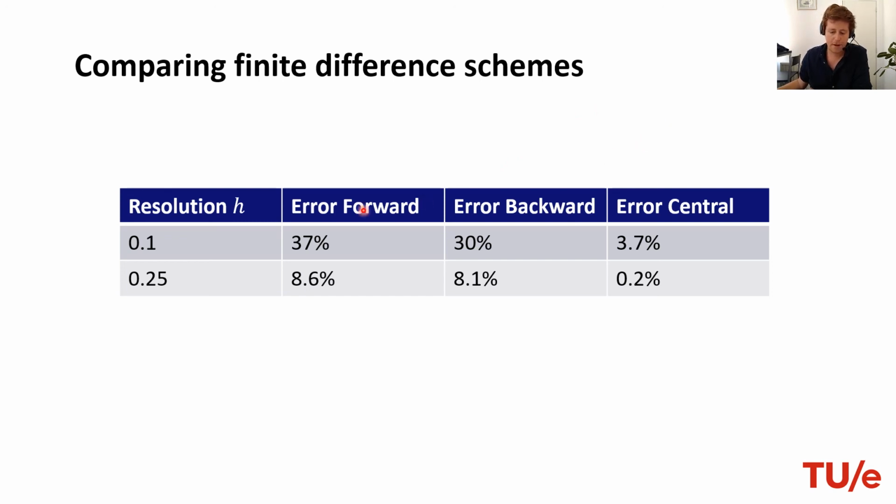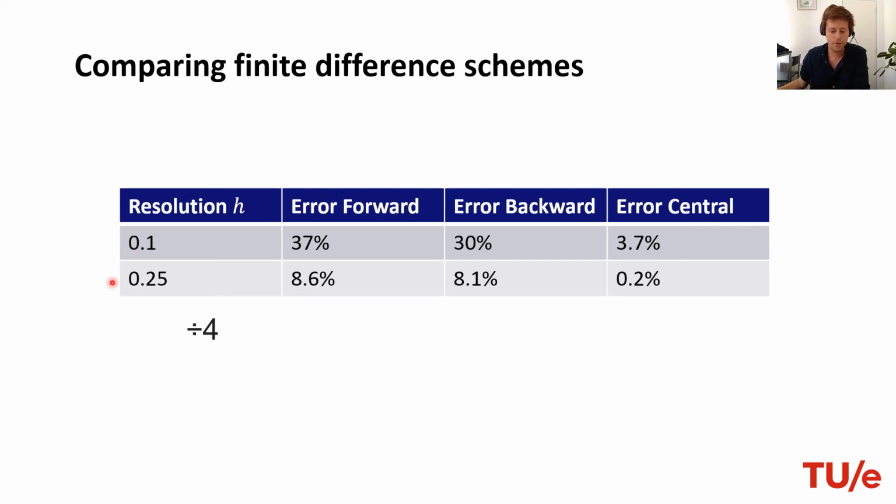And we see that, keeping the resolution h constant, the central difference has every time a significantly lower error than forward and backward respectively. But also if we refine the resolution, we see that something interesting shows up. So what we did here is we refined the resolution by a factor 4.